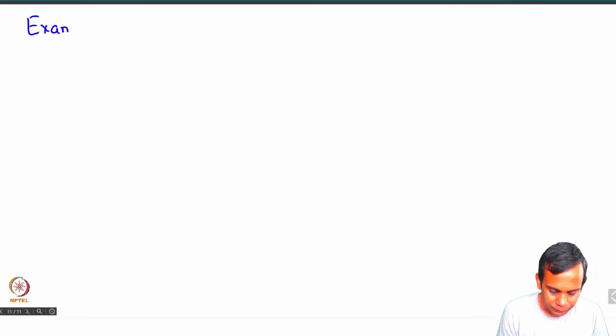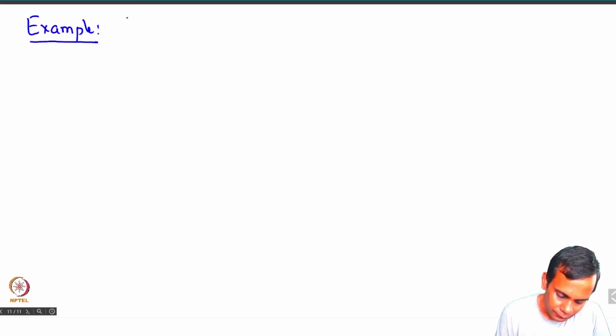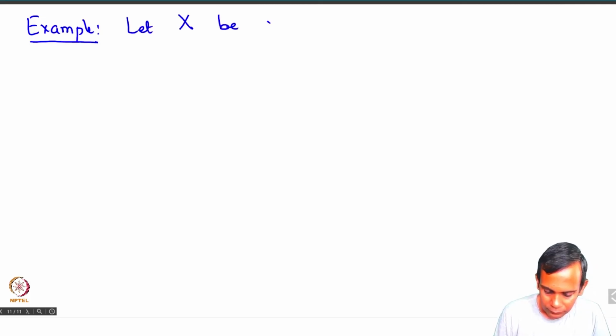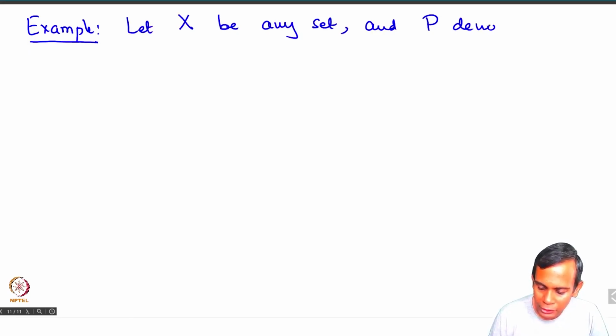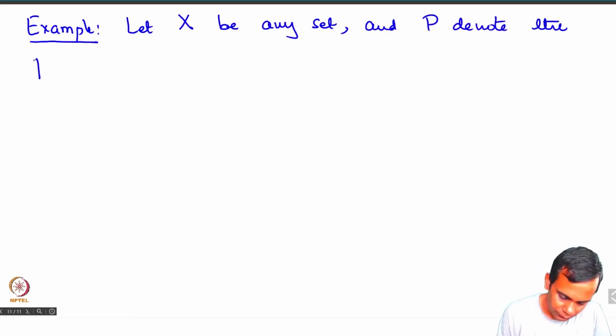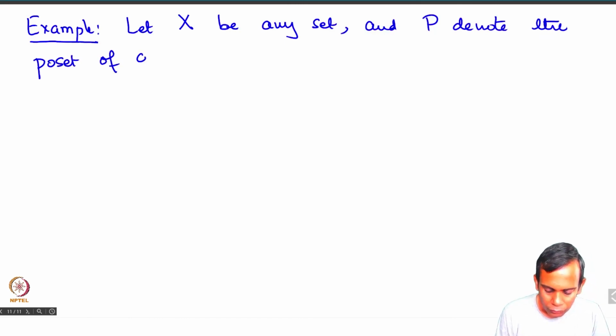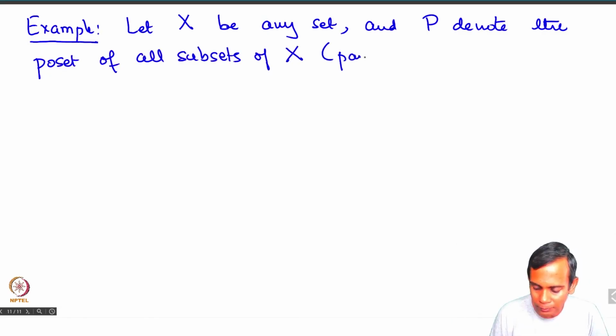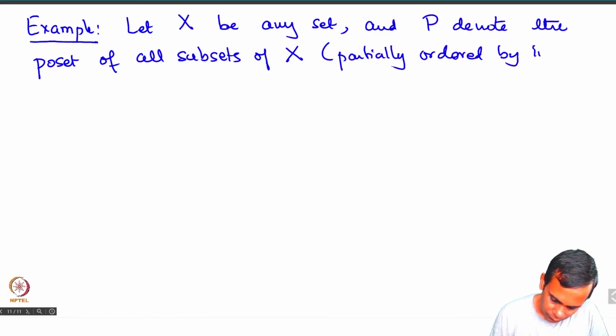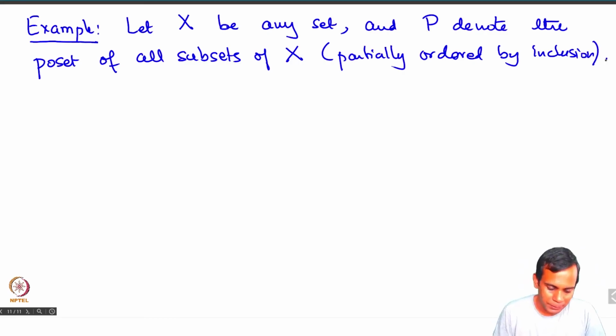So let X be any set and P denote the partially ordered set of all subsets of X. Okay, so partially ordered by inclusion. Then we have this category script P.